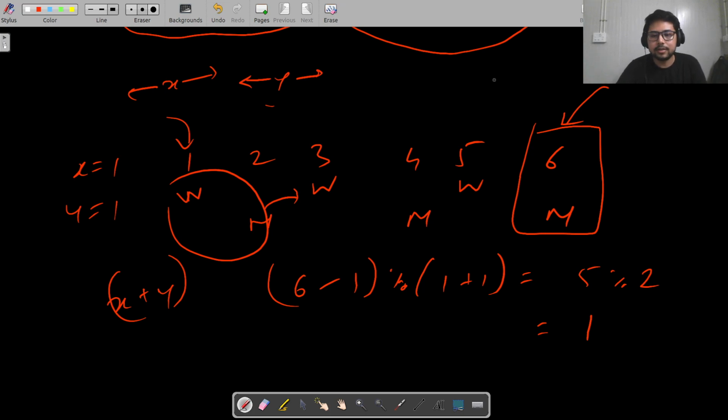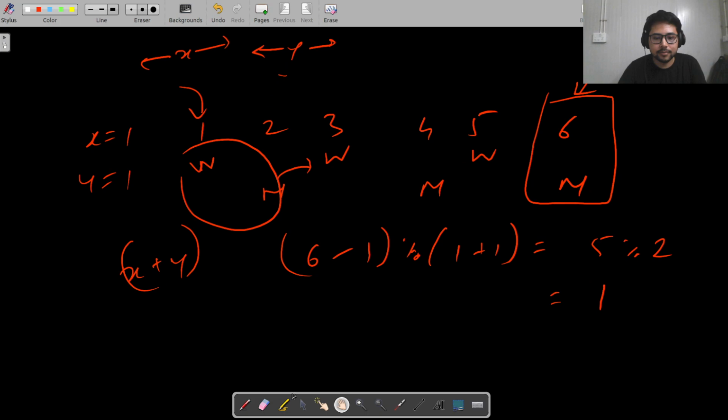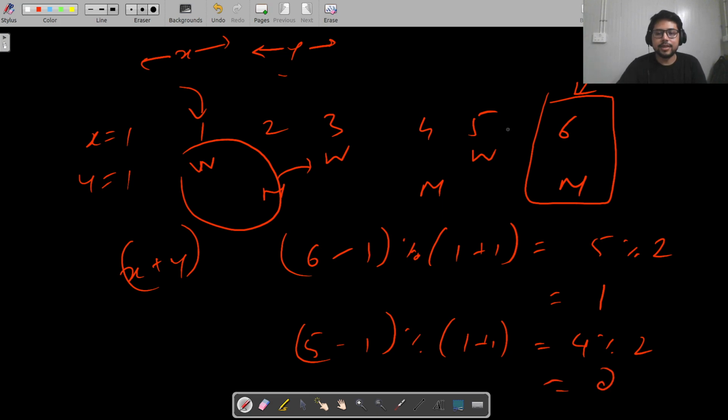If it had been, let's consider, 5, we consider 5 % (x plus y), which is 5 % 2, hmm, you can see it comes to 0. So we are easily able to say that at index 5, since it's 0 and 0 is less than the x value, it is under work condition.